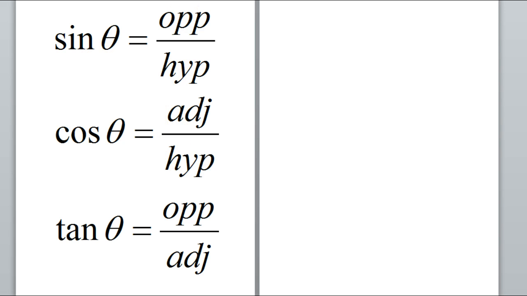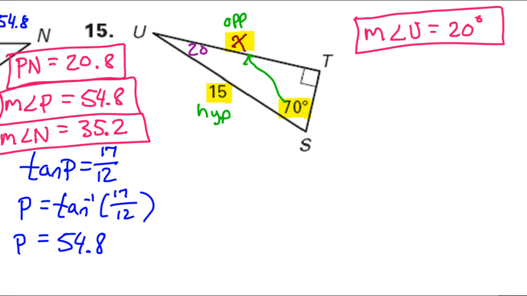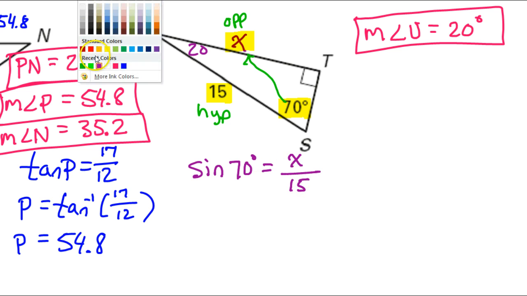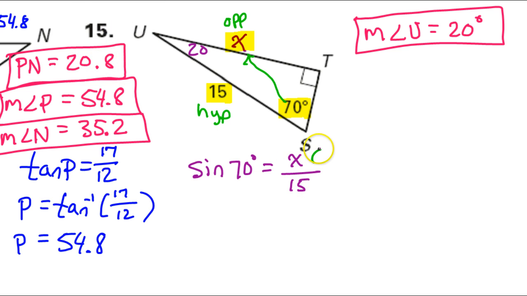That's your sine function. Okay, so let's set it up. So we will say the sine of 70 degrees, that's opposite over hypotenuse, so that'll be x over 15.